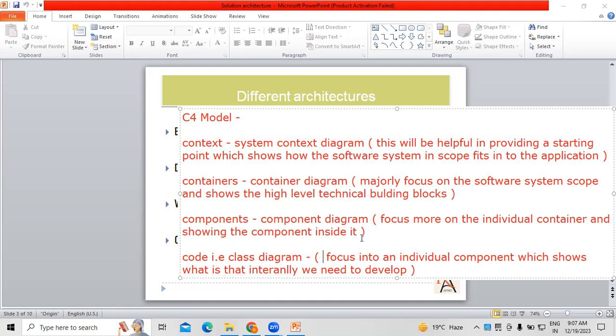But when it comes to the technical roadmap, it must consist of the application we are developing on a high level note, including the detailed aspects of the containers we are using, by considering the technical building blocks we need to create, and a micro level understanding of the different components we are using. At the same time, in that component, what code are we developing, right?